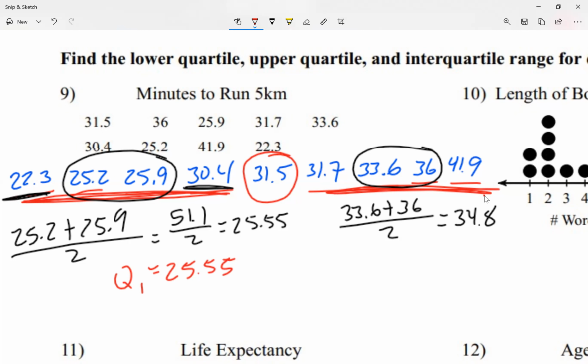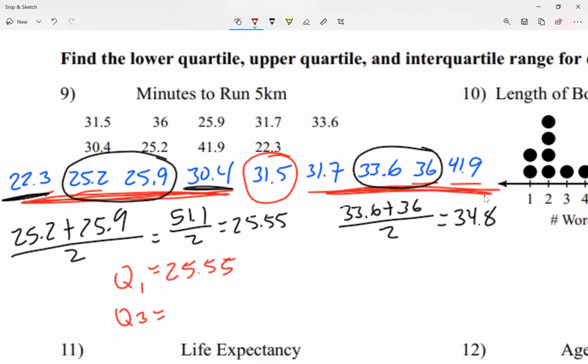So in this case, 25.55. I could ask you for the upper quartile. Sometimes we call it upper quartile, sometimes we call it quartile 3. But the upper quartile is the median of the upper half. In this case, 34.8.